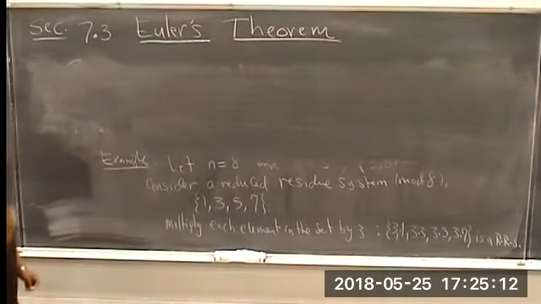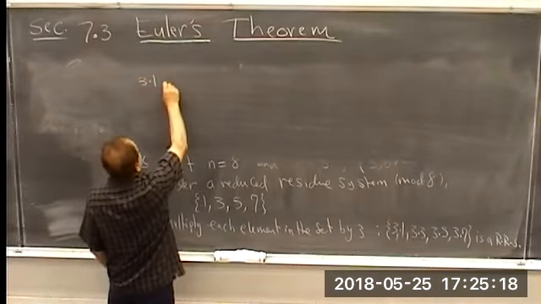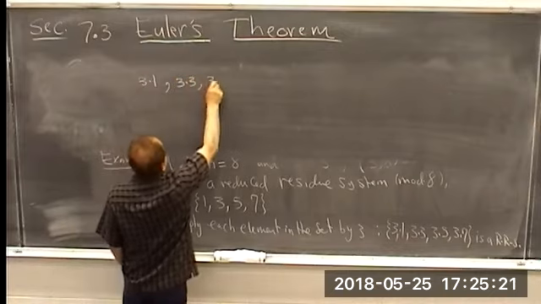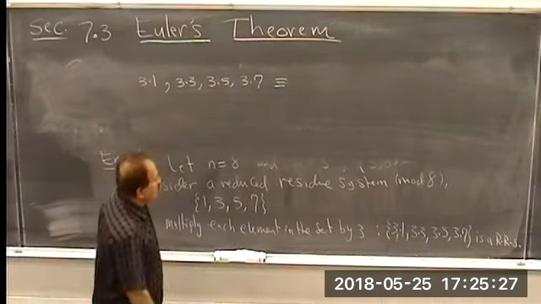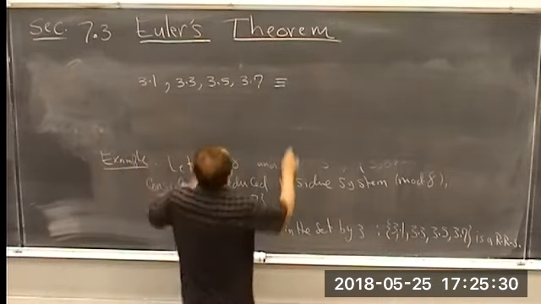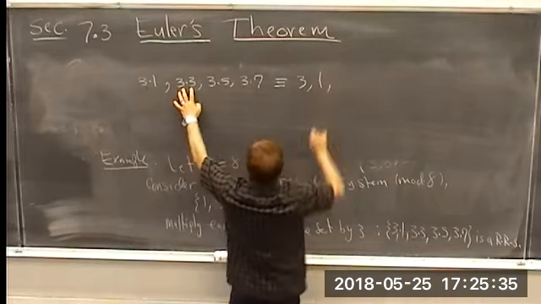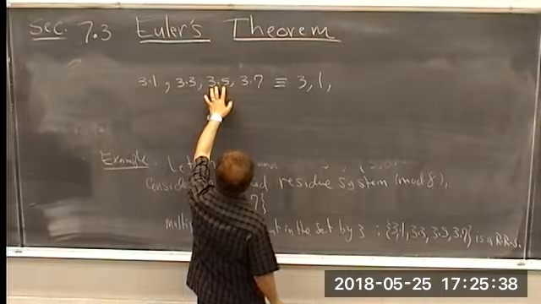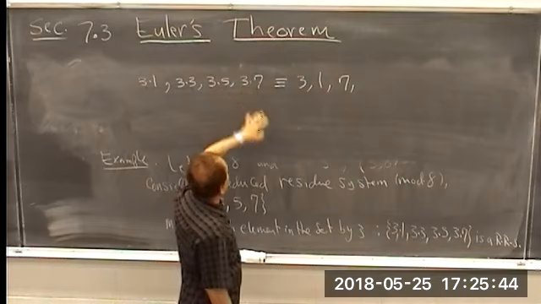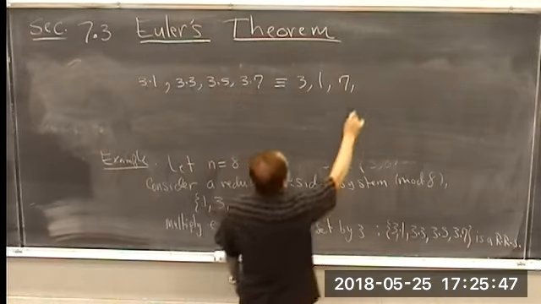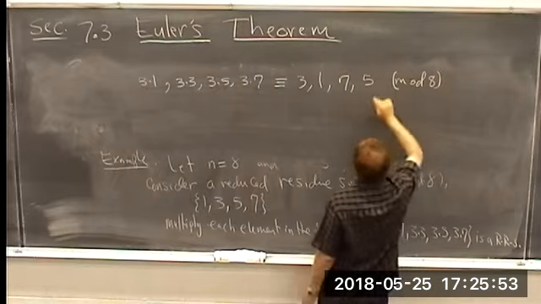So we have 3 times 1, 3 times 3, 3 times 5, 3 times 7. This is congruent to the first one is 3, the second one 9, mod 8 is 1, and this is 15, mod 8 is 7, and this is 21, mod 8 is 5. So the same, except in just a different order.